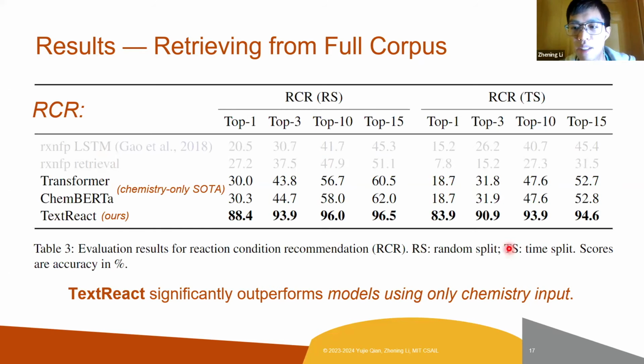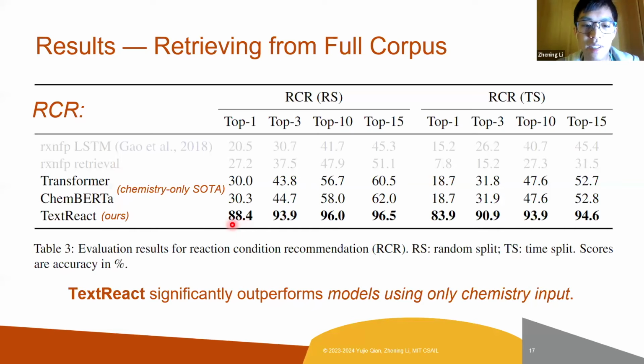This table shows a little bit more detail. Transformer is what I mentioned before, the minimally different model from TextReact that does not use text retrieval. Camberta is a variant of Transformer where instead of using the Cybert pre-training checkpoint, we use the Camberta pre-training checkpoint. And we see that having pre-training on SMILES in Camberta does not actually boost the baseline by a lot.